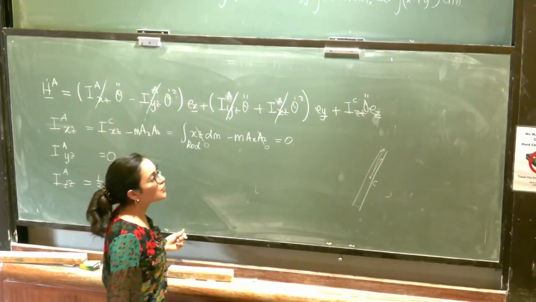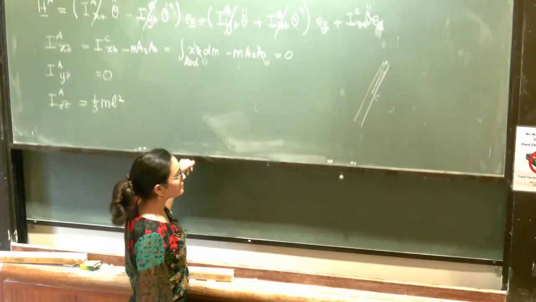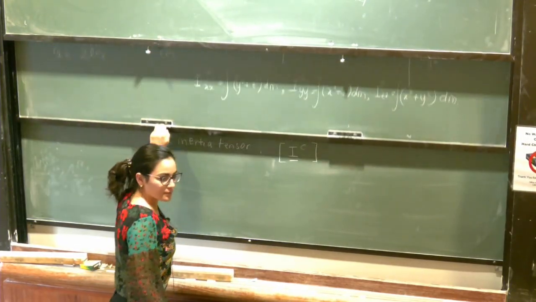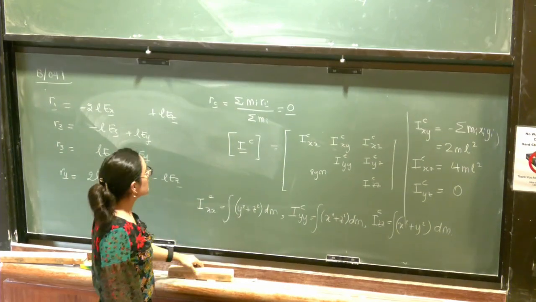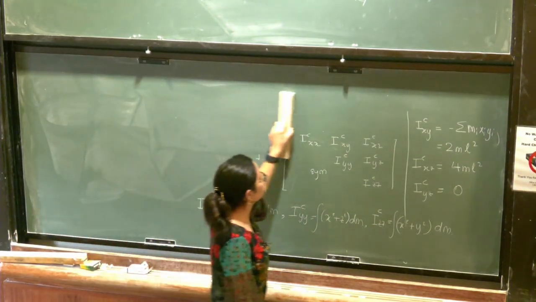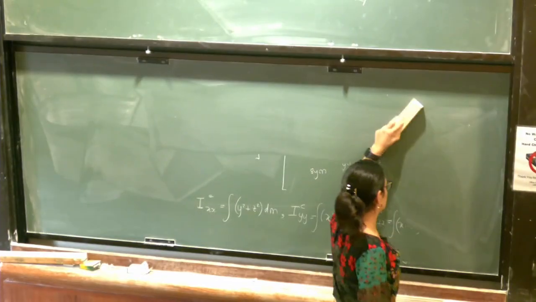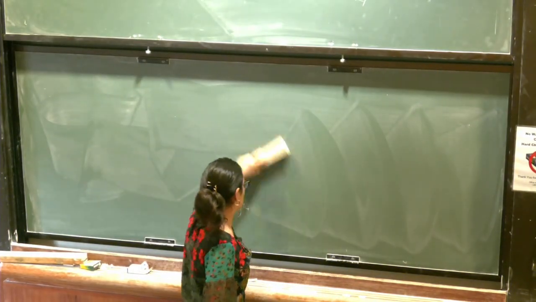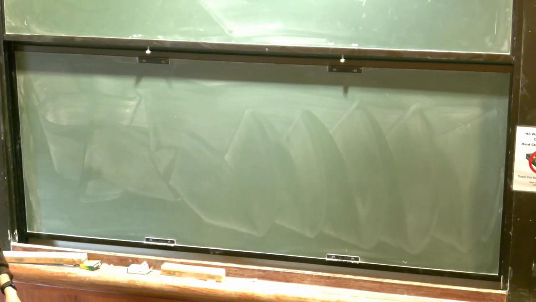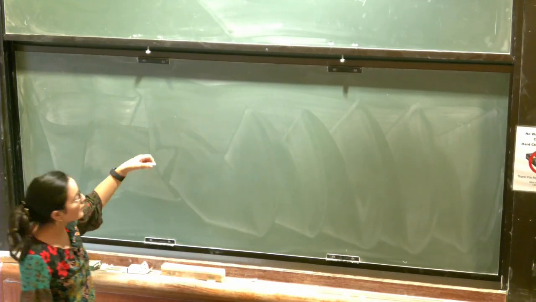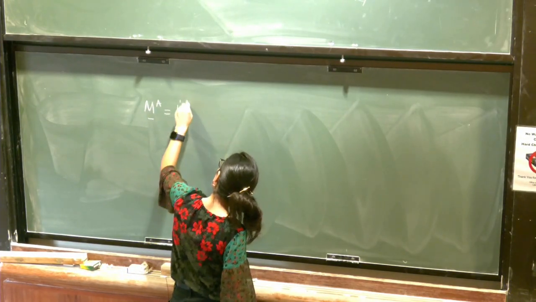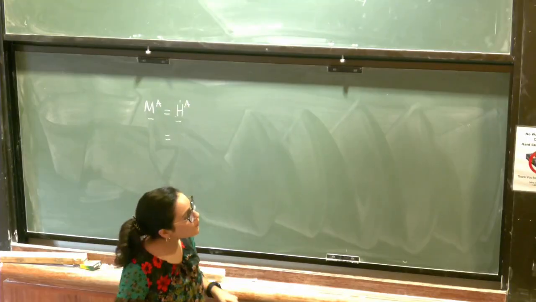So what is my equation of motion now for the bar? Yes, I will plug in. So MA is equal to H dot A. MA is all the terms I found over there.